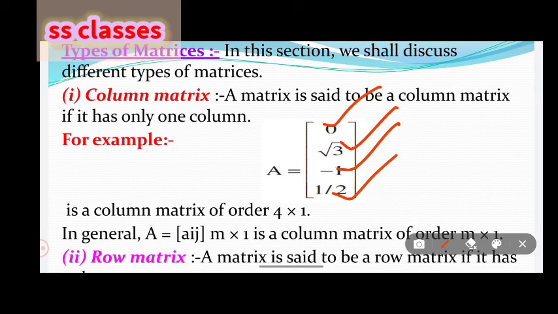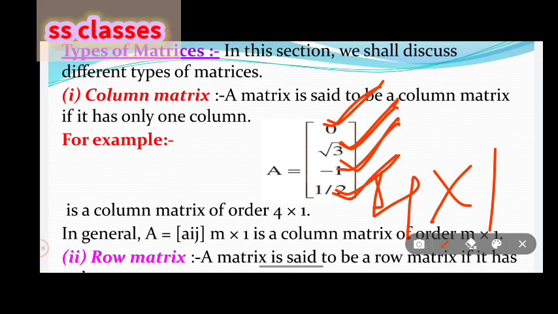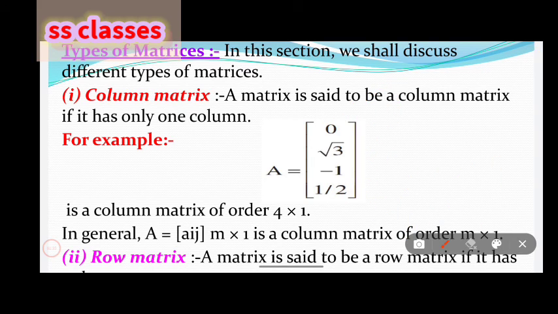This is a four into one matrix, that means 4 rows and 1 column, only 1 column.